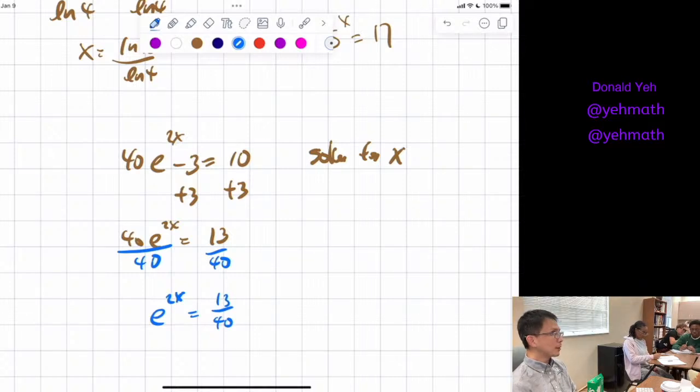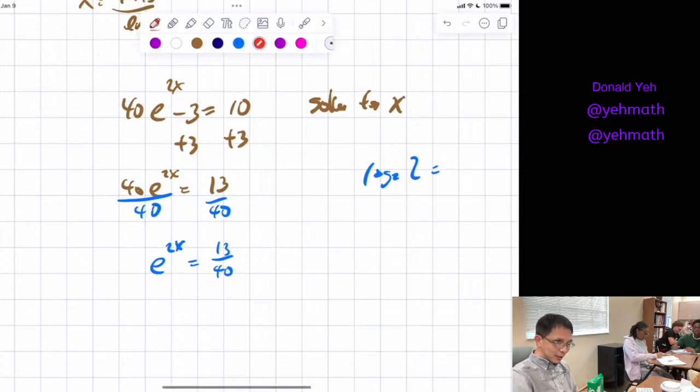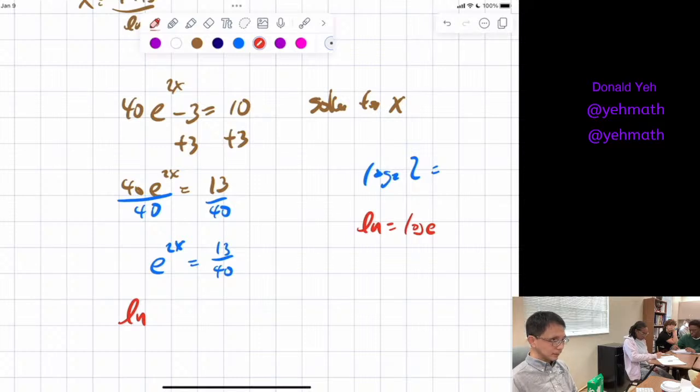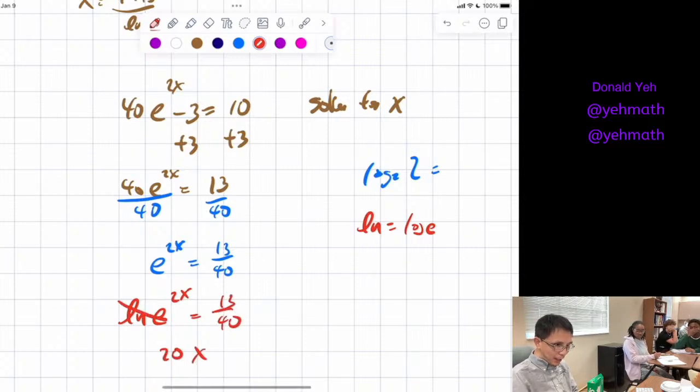You get rid of e because natural log and e are inverse to each other. Remember that rule says log of 2, this is inverse to each other. So imagine that I can use natural log because natural log is equal to what? Log base e. But base e and e would cancel, which is e to the 2x equal to 13 over 40. Cancel out. 2x equal to 13 over 40.